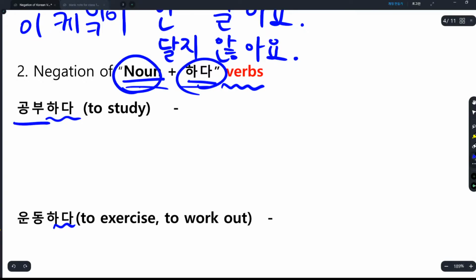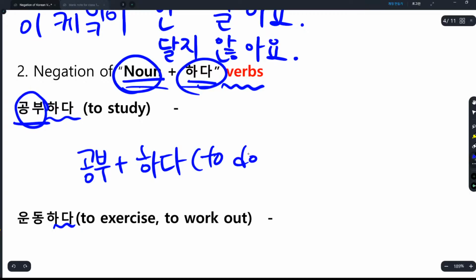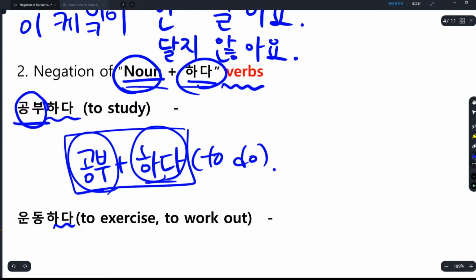So in case of 공부하다, 공부 means study. It's a noun that means study. And when it's combined with 하다, we learned that 하다 itself means to do, right? So 공부하다 literally would mean to do a study. And if it's combined, you get the full verb that means to study.